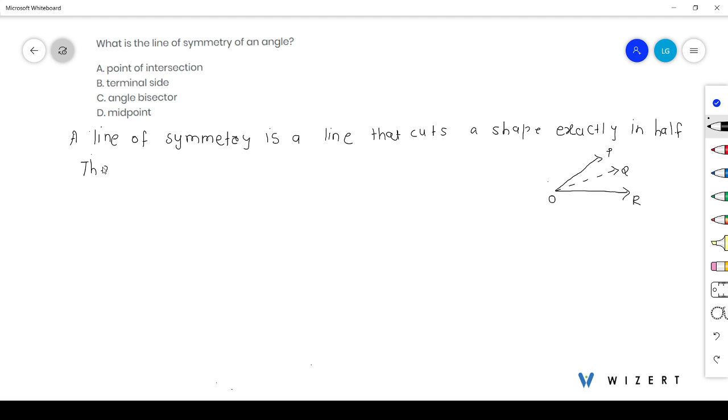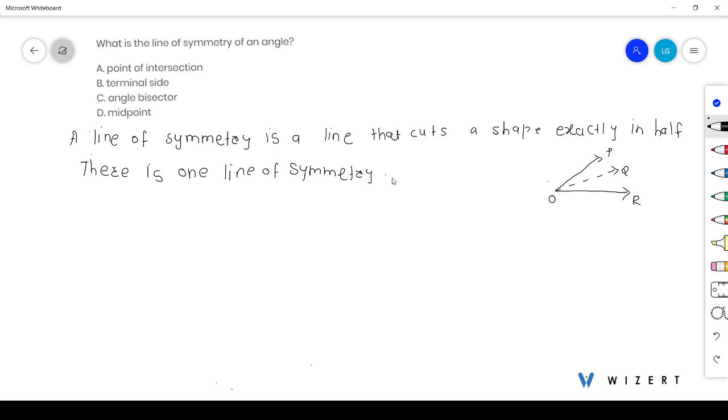There is one line of symmetry. Depending on the figures, the number of lines of symmetry will be different.